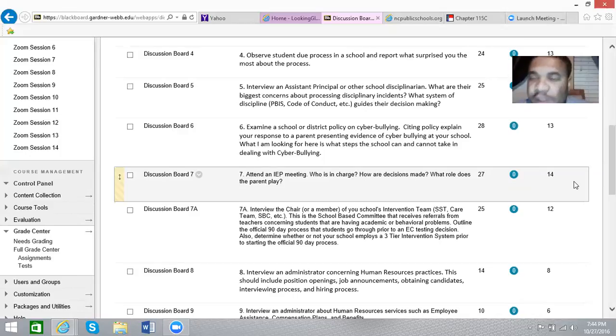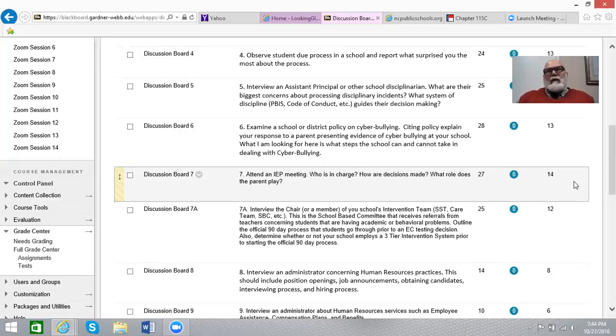So they could be sent home for 10 days each time, each incident? Absolutely, as long as it's not related to your disability, as long as the school does the manifestation determination, functional behavior assessment, psychological, as long as they do that paperwork packet each time, yes.